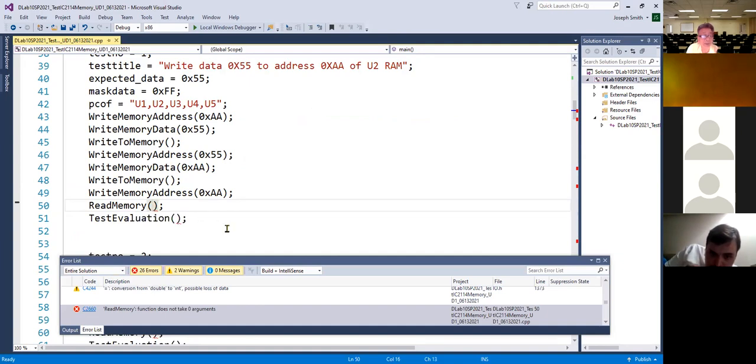You want to read address. What address do you want? Okay, right. So that should be AA0, depending on what you want. Then we have the evaluation cap. Yeah, the same thing. All right.